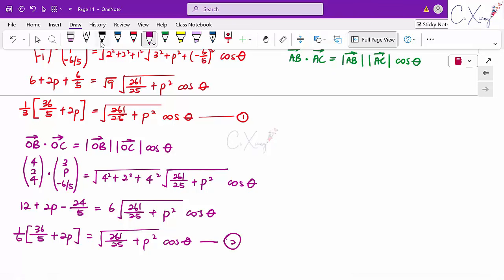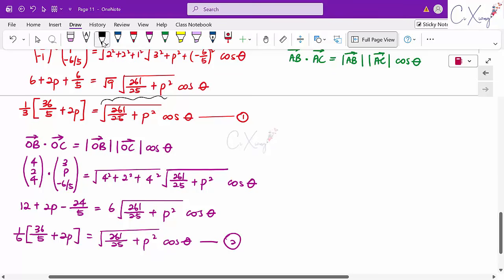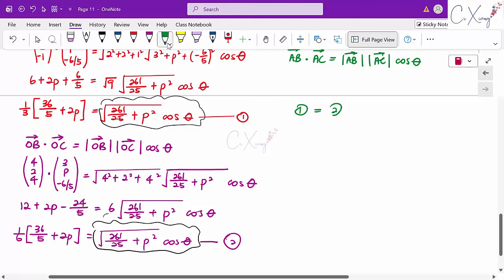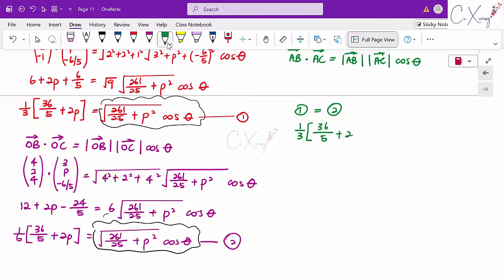Alright, so I just want you to have a look. The right-hand side of both equations are the same. This one and this one are the same. So I try to compare and equate 1 equals to 2. What do I have here? So I take the left-hand side of the 1 equals to the left-hand side of the 2. Okay, then after that, I want to simplify from here.